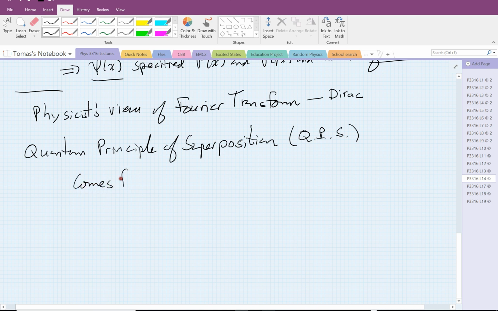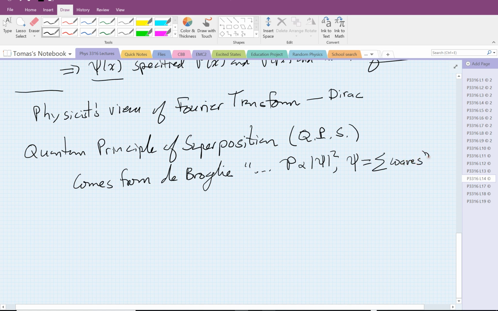It comes from our statement of the de Broglie hypothesis, where we can calculate probabilities as proportional to the square of complex amplitudes, written as a superposition of something. We said these somethings behave a lot like waves, but more generically, it's just a superposition of something. So here is the definition of this quantum principle.